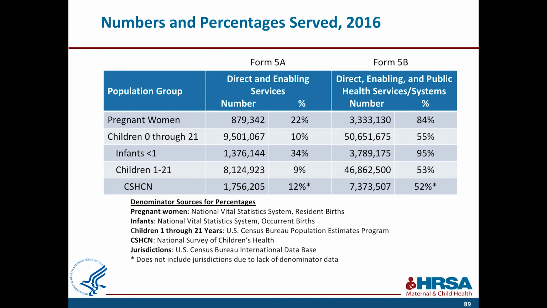Based on what you all have reported, we are reaching in Title V nationally 84% of pregnant women. We are reaching 55% of children, and it's not just 1 through 21, we included infants in this. 95% of our infants, which I think is not surprising because of newborn screening, but 53% of children. And then of that, 52% of the children with special needs.